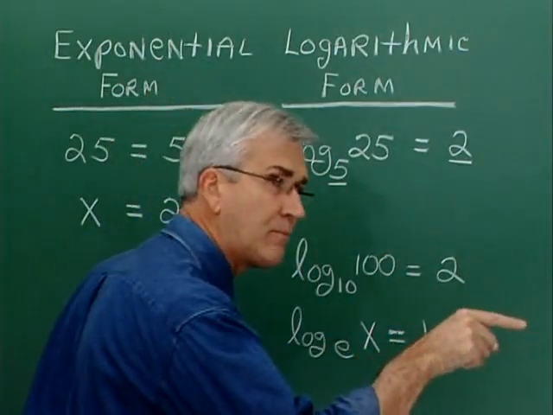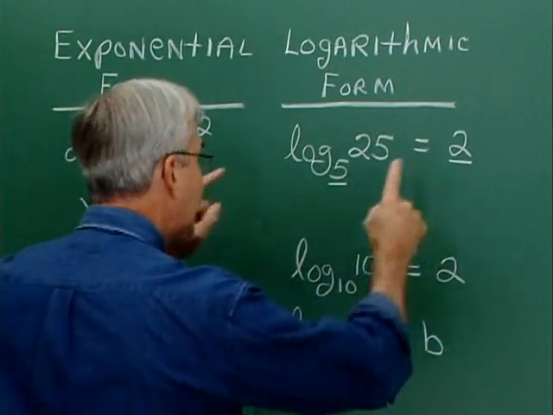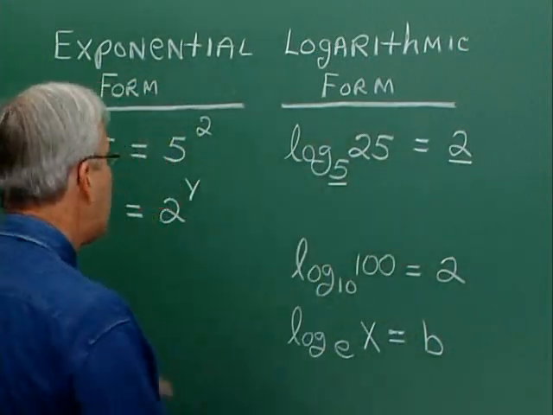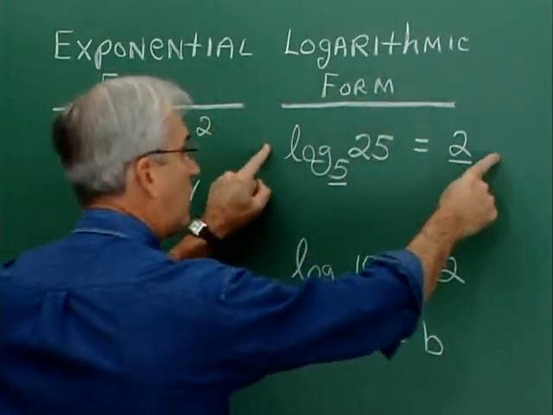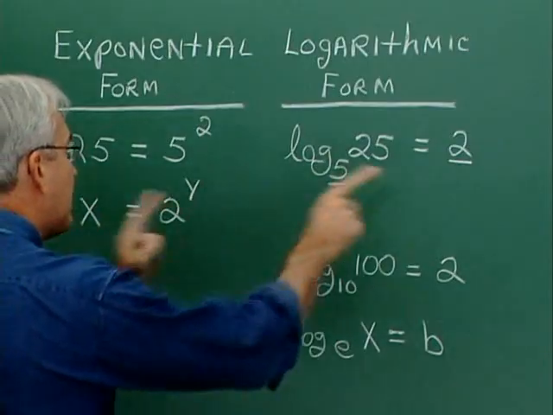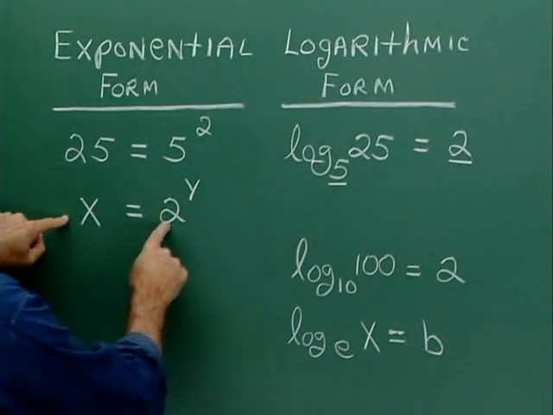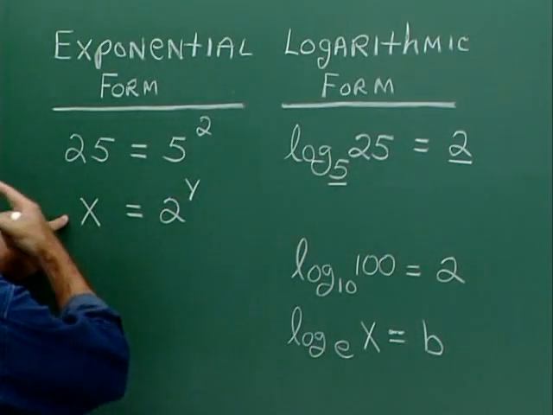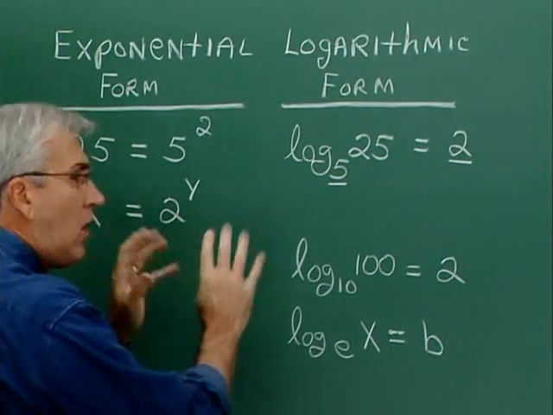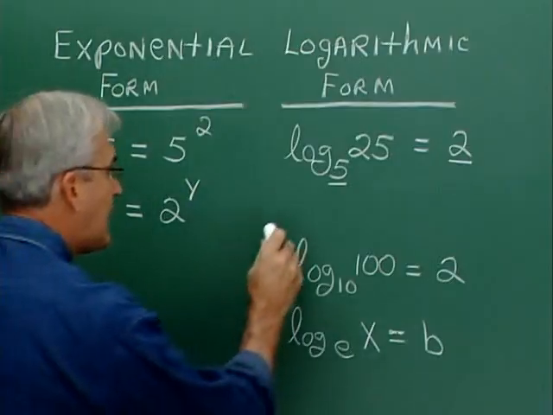That's a very important idea in this overall study. Logarithms are exponents. Now we need to be able to go both ways with this situation. That is, we need to be able to go from exponential form to log form and also from log form to exponential form. Let's go through it one more time. If x is equal to 2 to the y power, then when we go to the log form, this is the way you might want to proceed, at least at first.